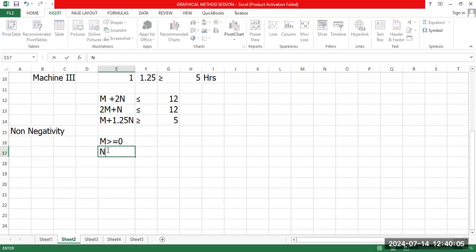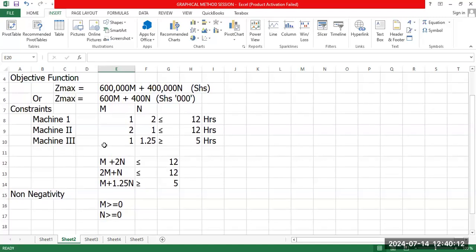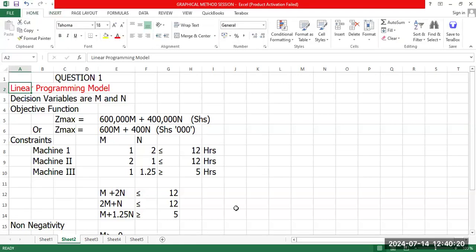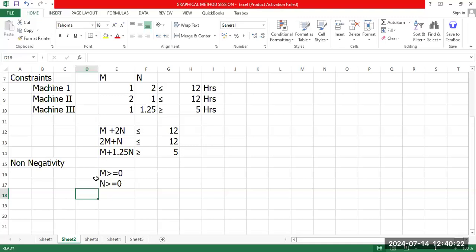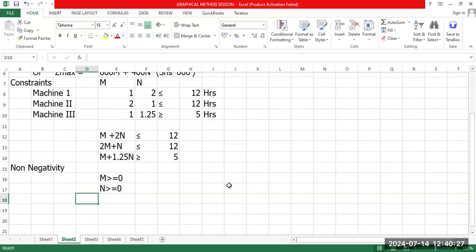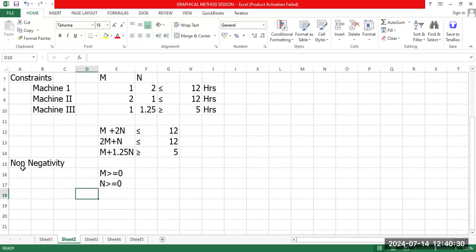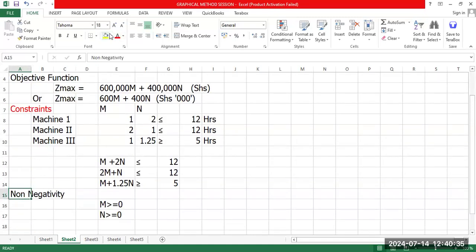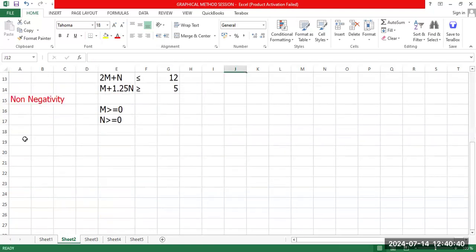Then n should also be greater or equal to 0. And you're done with your linear programming model. Any question? We are done with Roman 1, so we go to Roman 2.